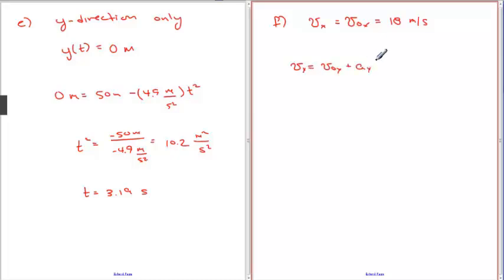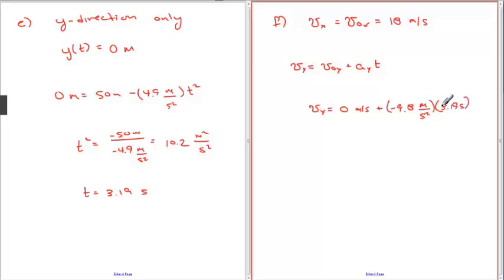So now we have t, so we can calculate this. Our y component of velocity is our initial y component of velocity, which is 0, plus a sub y, which is negative 9.8 meters per second squared, times the time, which is 3.19 seconds.